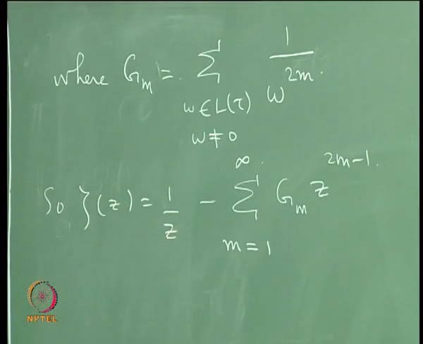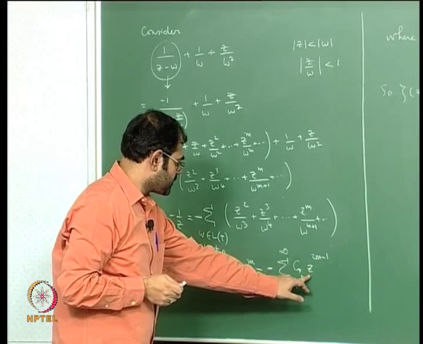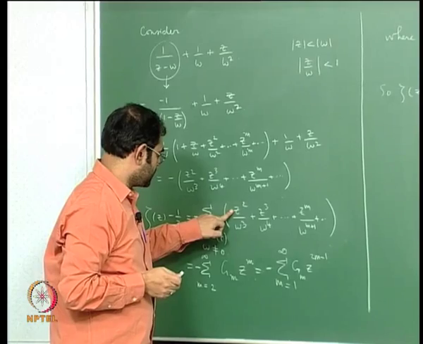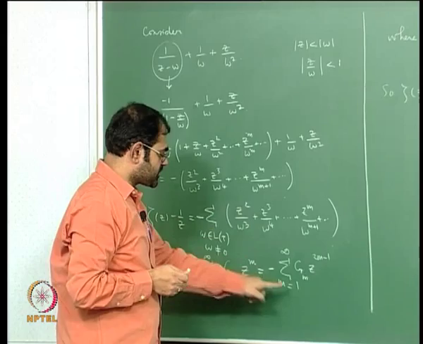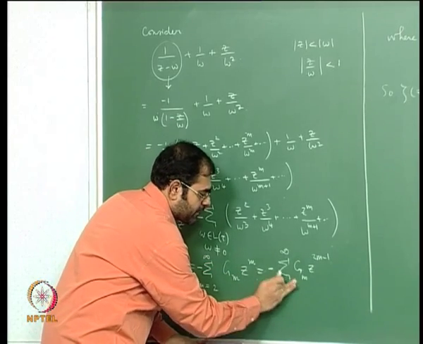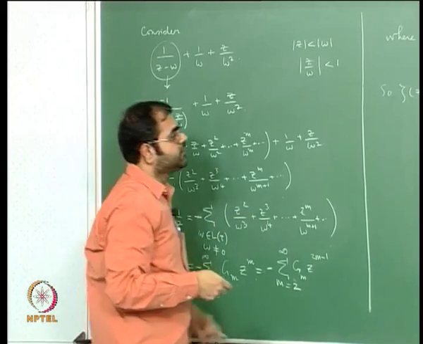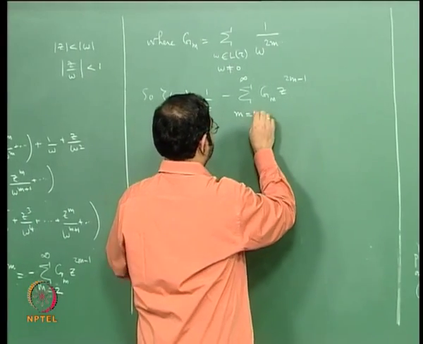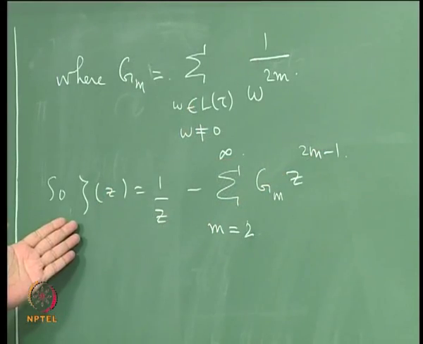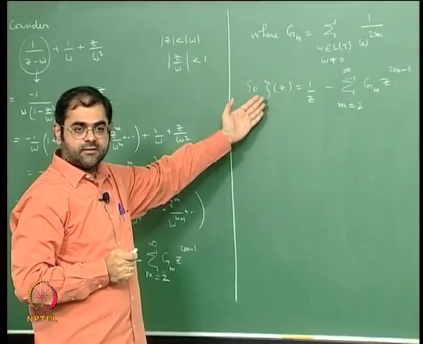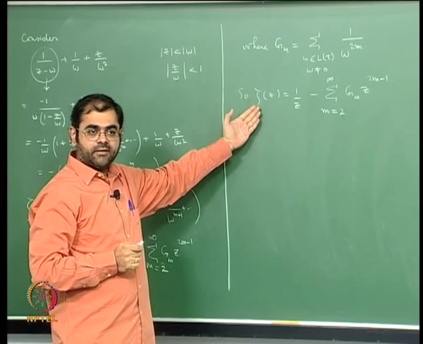I wonder whether I have put the summation correctly, because the first power that I should get is z cube, which means I should start only with 2, so I have to be careful here. Please note there is no z term, there is only a z cube term. So it is m equal to 2 to infinity. Now you see we have a nice Laurent expansion for zeta in a neighbourhood of the origin.